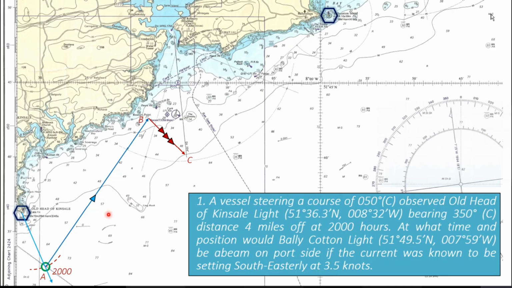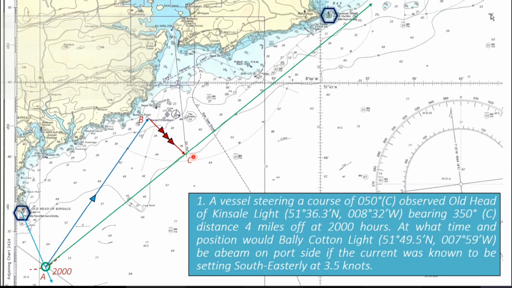Now if I join Alpha to Charlie, that would complete my course, distance and current vector triangle. So I'm going to join Alpha with Charlie. So I have joined Alpha to Charlie and I have extended this line further.